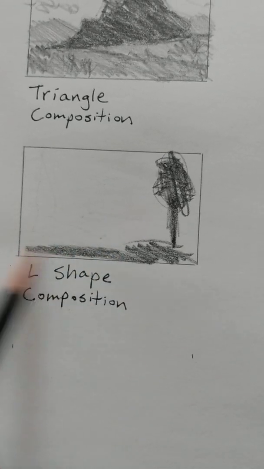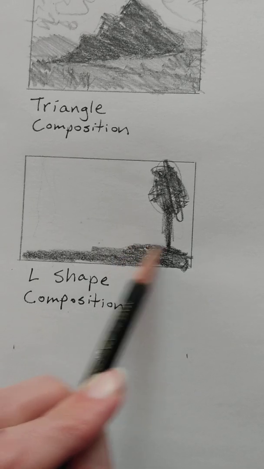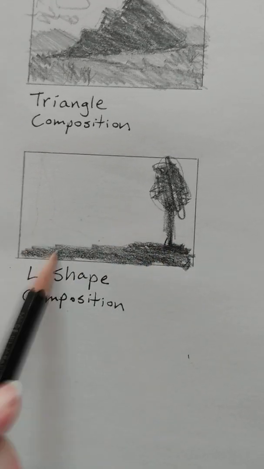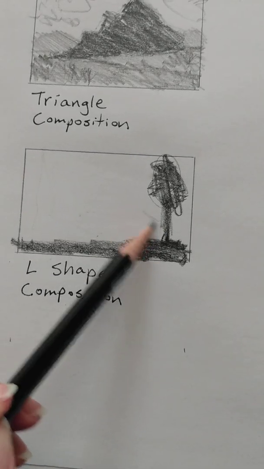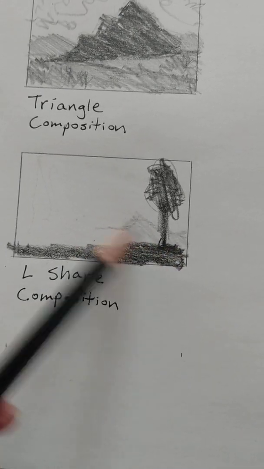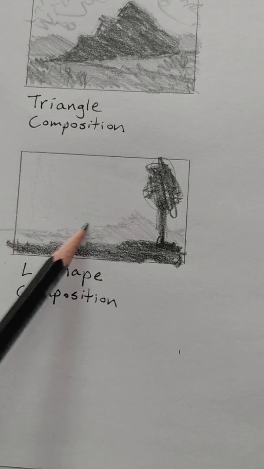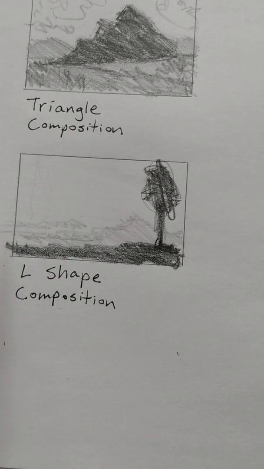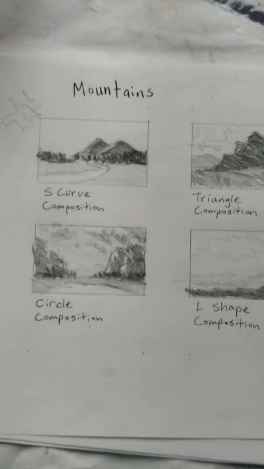And some ground for the bottom part of the L. And then, once I've got my L in there, I put a distant mountain back here in the background. Maybe another little one right there. And voila, okay.